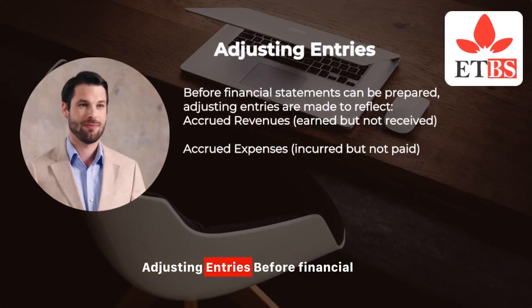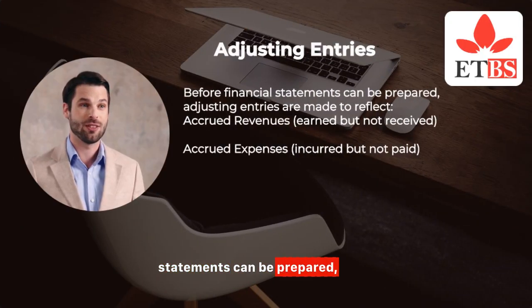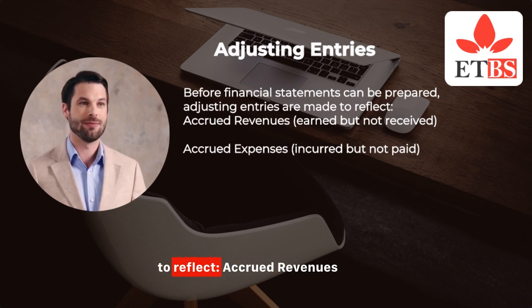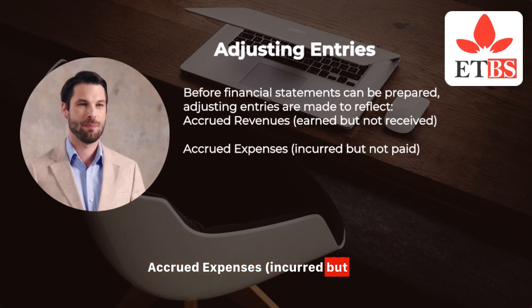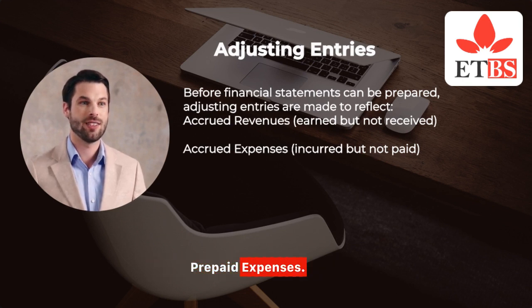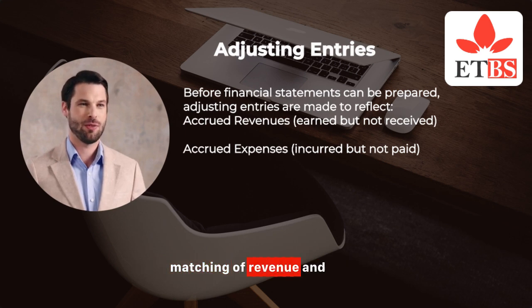Adjusting entries. Before financial statements can be prepared, adjusting entries are made to reflect accrued revenues, earned but not received; accrued expenses, incurred but not paid; prepaid expenses; unearned revenues; depreciation. These adjustments ensure accurate matching of revenue and expenses in the correct accounting period.